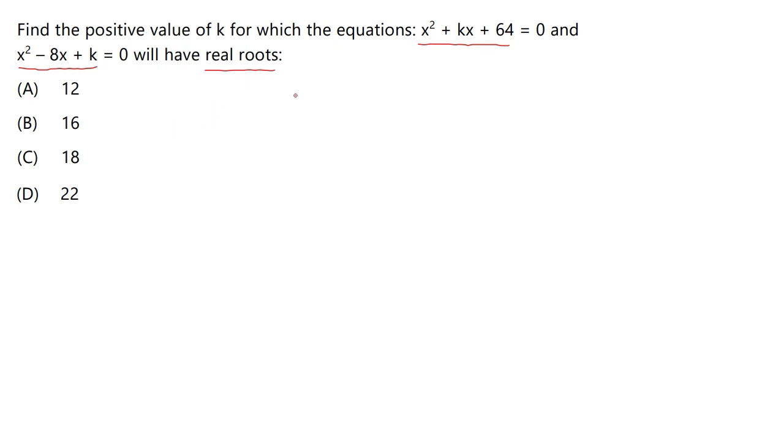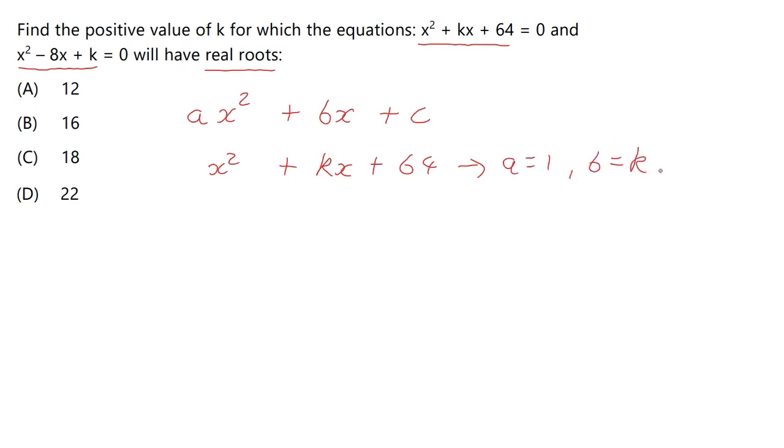All right, so first of all, both equations are in the format ax square plus bx plus c. In our first equation, we've been given x square plus kx plus 64, and that means a is going to be 1, b is equal to k, and c is equal to 64.